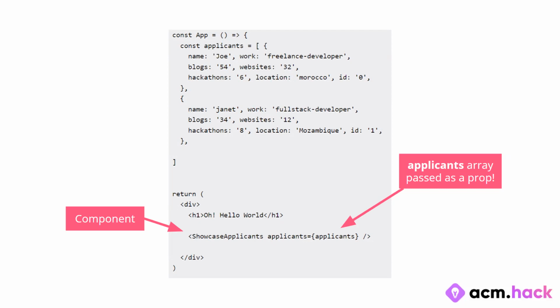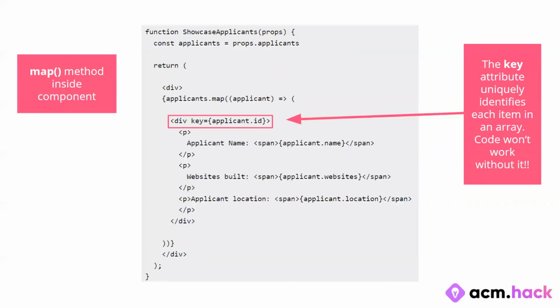The top part of this slide is the applicants array. It has some information associated with each applicant. The bottom is the showcase applicants component, and you can see that we're passing our applicants array as a prop to this component. Inside our function for showcase applicants, you can see we have the map function. I'm sorry, it is really small.